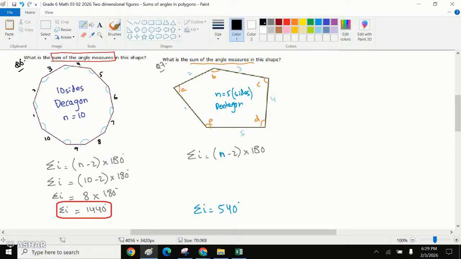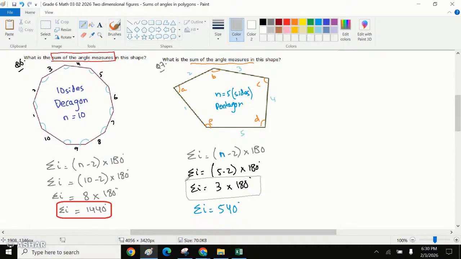So can we just replace n? 5 minus 2 into 180. So the sum of interior angles would be 3 into 180. If you have to do it in your mind, just do this step. It is 540, right? What we are trying to do is find the sum of interior angles. What we do is simply substitute n by the number of sides.